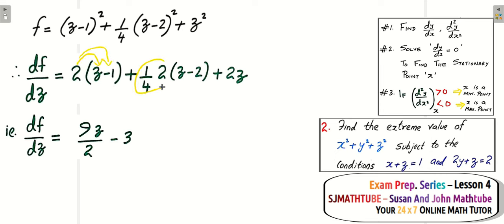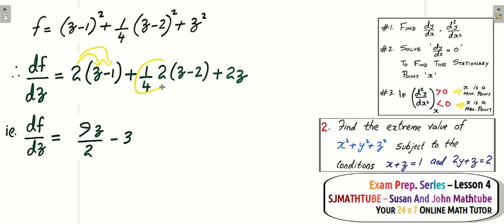So to confirm, we will plug in this value in the second order derivative. That's step number 3. So I have the second order derivative. The second order derivative is already a constant. There is no z here, so we cannot plug in anything. So this is going to be positive forever.